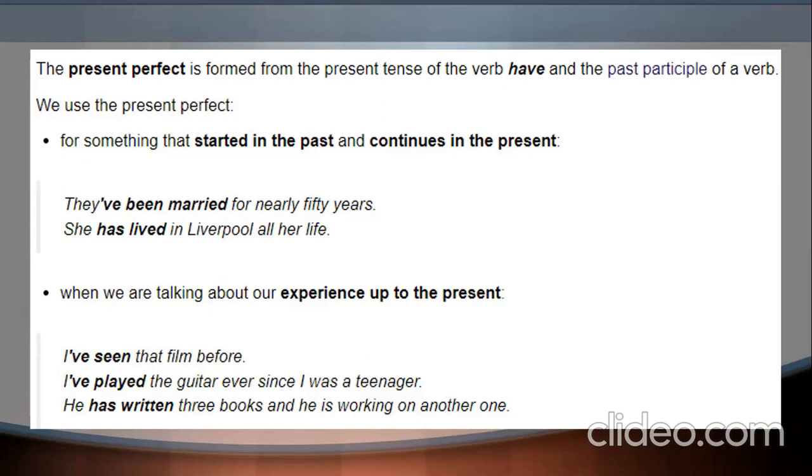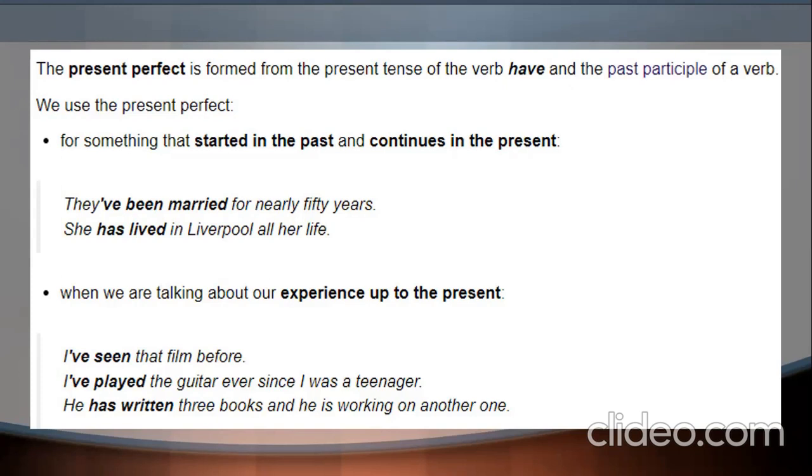The past participle is been, married, and lived. Yes, this is the past participle. But married, yes, it could be, but remember been. Been is like a main verb of a sentence, right? In the first one.